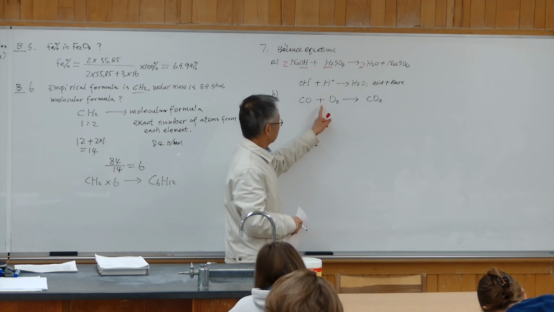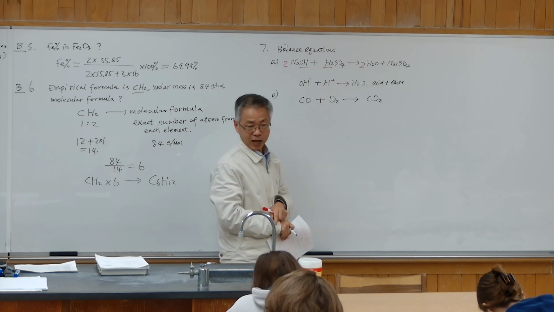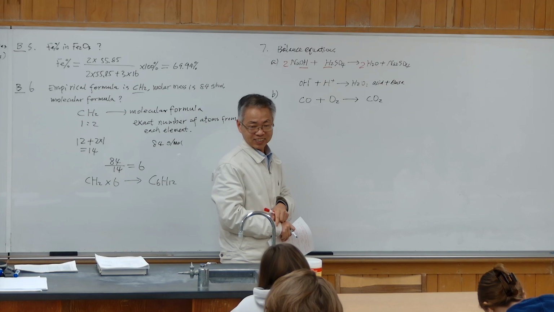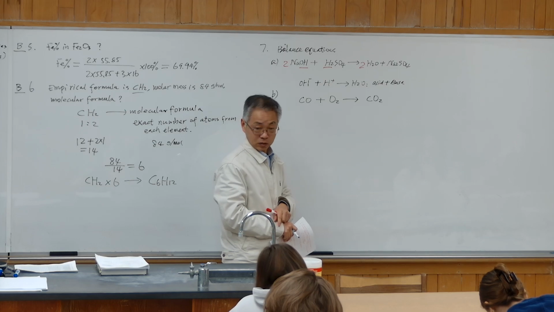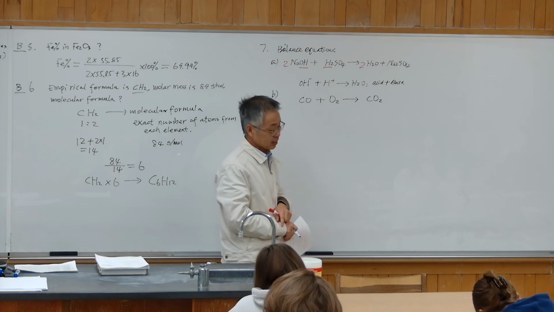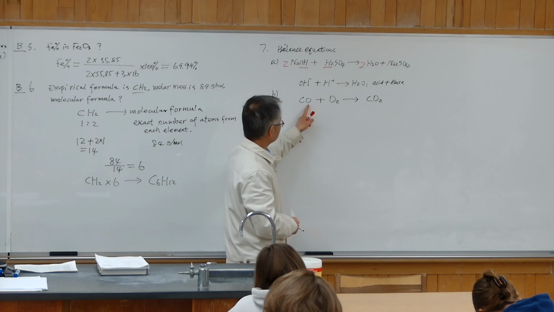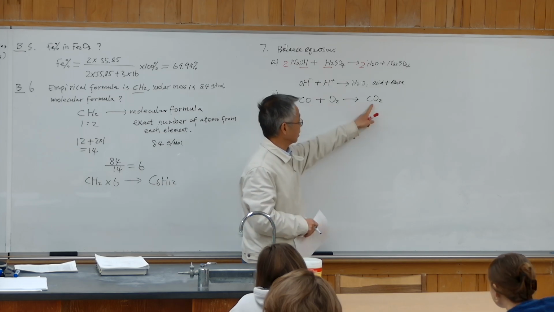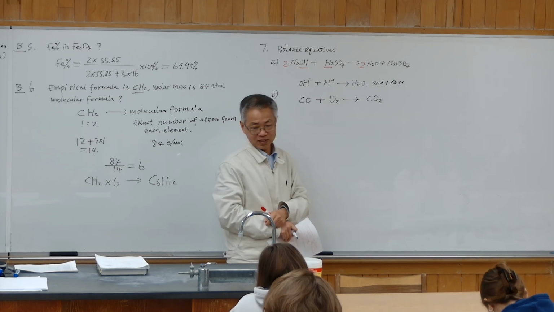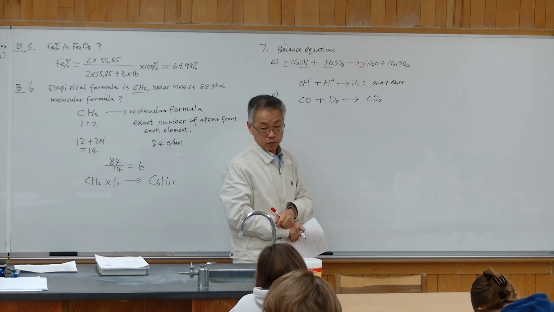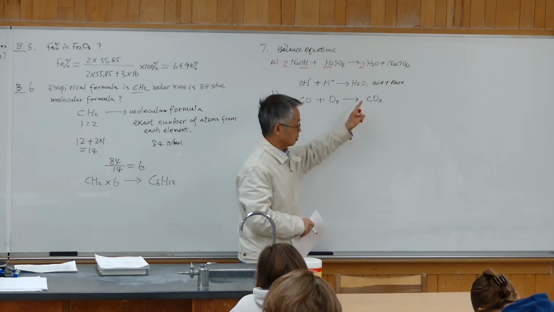Oxygen shows up 2 times on the left side, so don't select oxygen first. Select carbon, which shows up one time on each side. So balance carbon first, and carbon is already balanced.